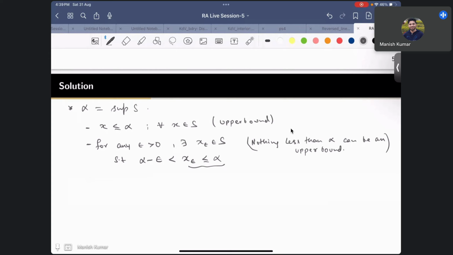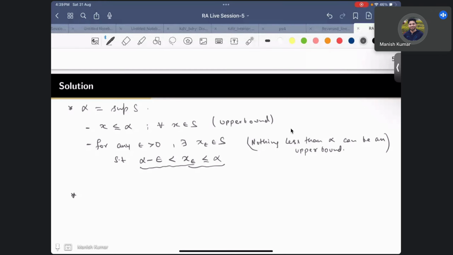Now the main thing is this line: if I decrease the supremum value by a small real number, however small it can be, I'll get an element from S which is strictly greater than that, and it could be equal to alpha. So this is the definition of supremum. Now we'll try to use this definition to get a sequence which will converge to alpha.